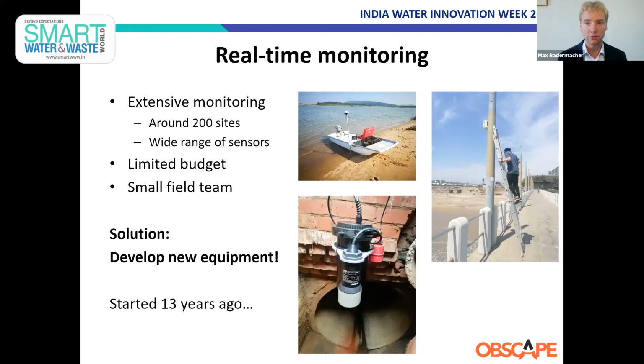Around 200 different sites had to be monitored real time, different types of hydrological parameters, which involved a wide range of different sensors. However, that all had to be done with a fairly limited budget, and there was a small team available for field operations, so to install and maintain all the equipment.